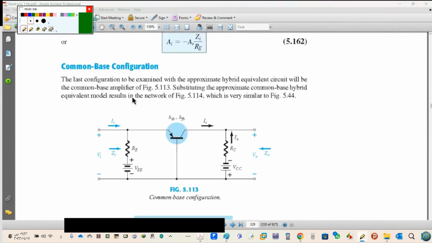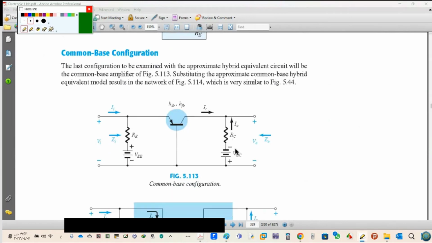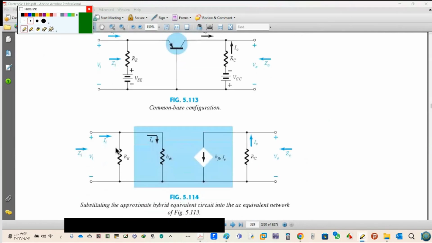Common base, yes, in our example, common base configuration, we have RE, RC, and same thing, this is the equivalent model. RE, HIB, HFB, HOB, and it's the same thing. HIB, it is here. If you compare with RE model, this RE model.